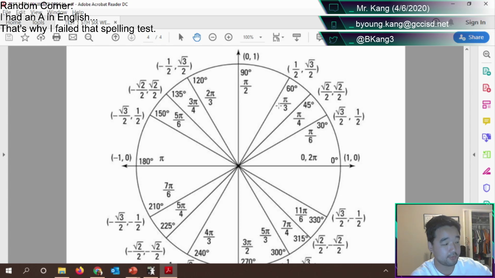So 30 degrees ends up being 2 pi over 12, 45 degrees ends up being 3 pi over 12, 4 pi over 12, 6 pi over 12, 8 pi over 12, 9 pi over 12, 10 pi over 12. So you start to see the pattern there.